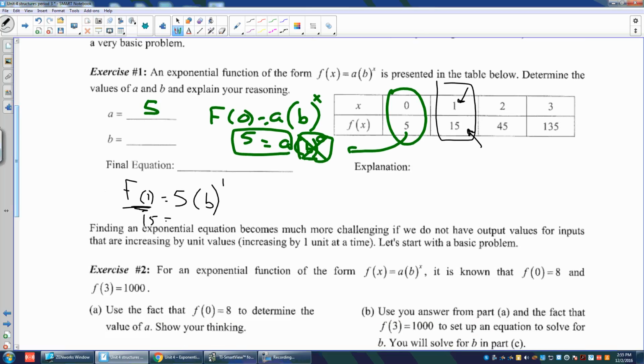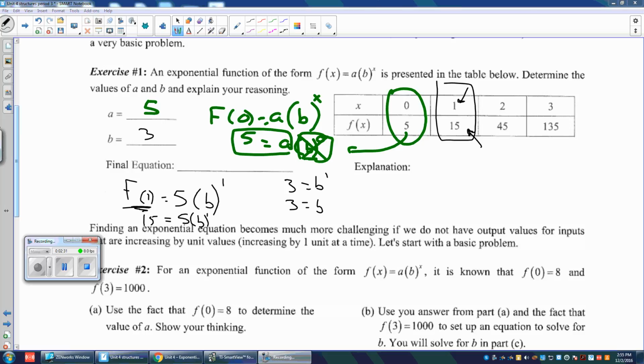So 15 equals 5 times b to the first. I'm going to divide both sides by 5. So 3 equals b to the first. Anything to the first is just itself. So b equals 3. Now we have to write the final equation. And there we go. f(x) equals 5 times 3 to the x.